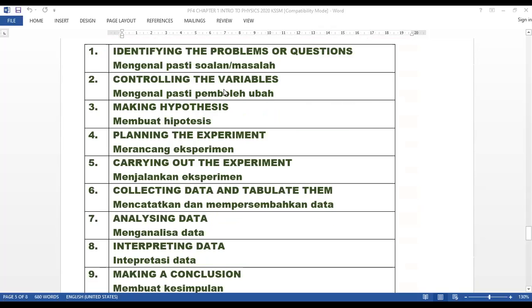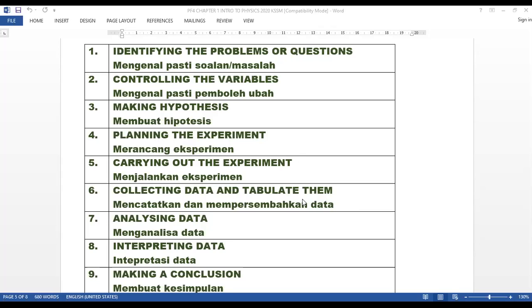In between, we also identify the aim of the experiment and the inference before we control the variables. After we identify the problem, we look for the aim, why we want to do this, what the inference was, what the hypotheses are, what the manipulated variable is, and what the constant variable is. Then hypothesis, planning, and so on.